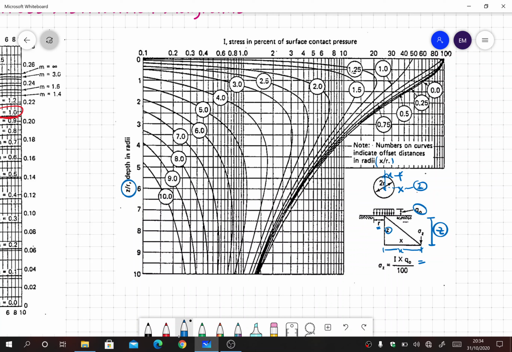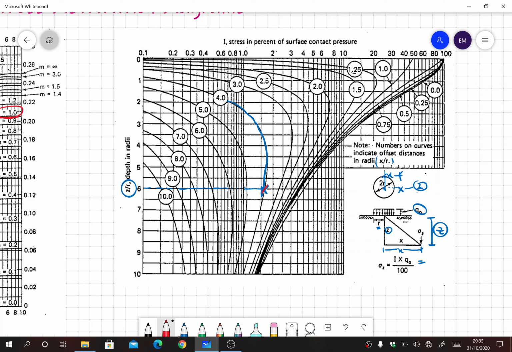X is the point of interest where we want to find the stress, and r is the radius of the footing. Wherever the two values join, for example, if z over r is 6 and x over r is 4, I move here and look for the value of 4 for x over r. So they intersect at this point.